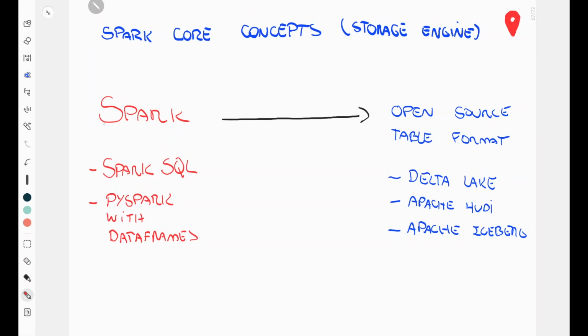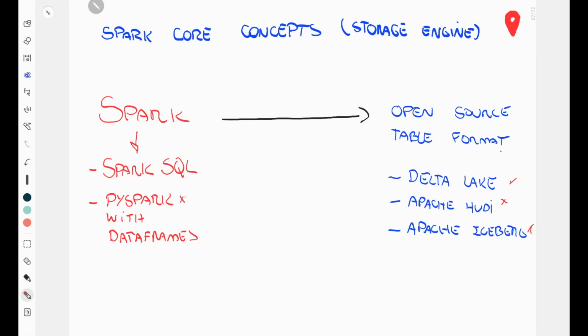Going a bit deeper on it, you have some open source table formats, as I said: Delta Lake, Apache Hudi, Apache Iceberg, and you have Spark. You have Spark SQL, which is basically running SQL inside of Spark, and it's the same thing. And you have PySpark.